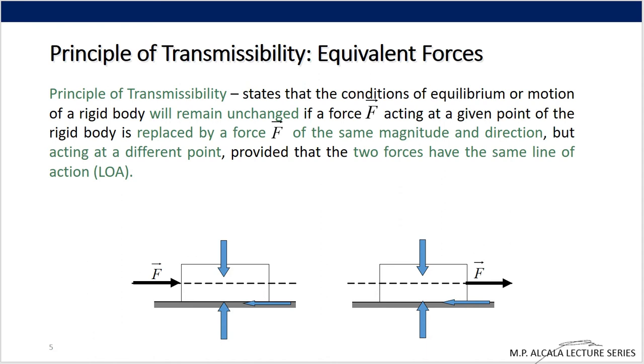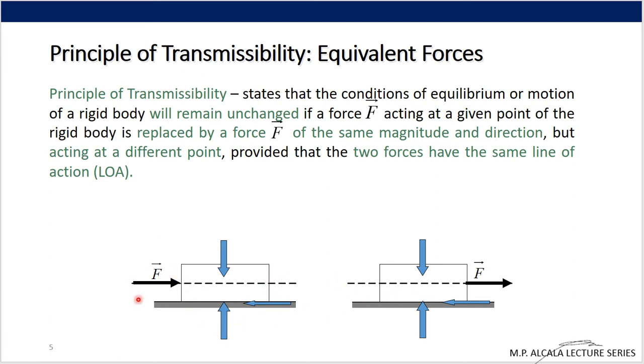Now let's talk about the principle of transmissibility, or equivalent forces. We need to understand here, class, that the principle of transmissibility basically states that if I move the force, as long as this force is equivalent to that force and acts on the same line of action, it will just be the same.